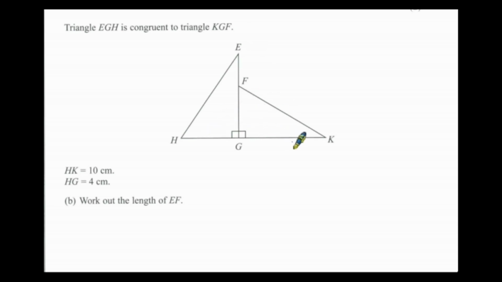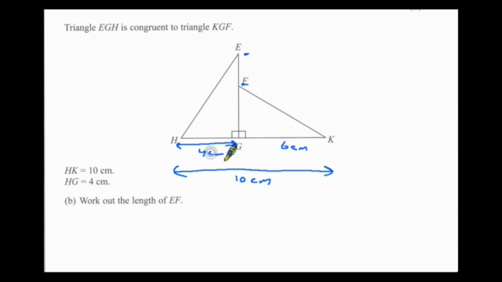We're being asked to work out the length of E to F. Let's have a look at what we do know. HK is 10, so the whole length here is 10 centimetres. HG is 4. This means that G to K must be 6 centimetres.